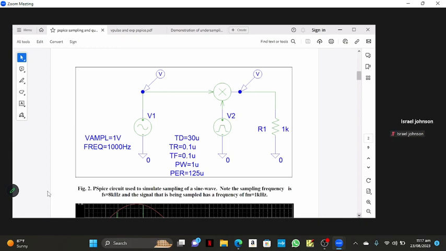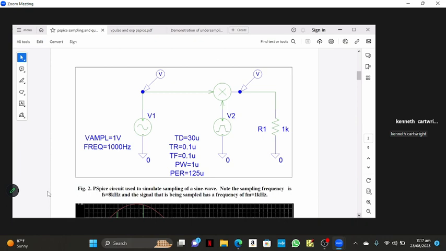My input sine wave is at 1,000 hertz. My sampling signal is V2, and V2 in PSpice is V pulse. My time delay is 30 microseconds, my rise time is 0.1 microsecond, my fall time is 0.1 microsecond, my pulse width is 1 microsecond, and the period is 125 microseconds.